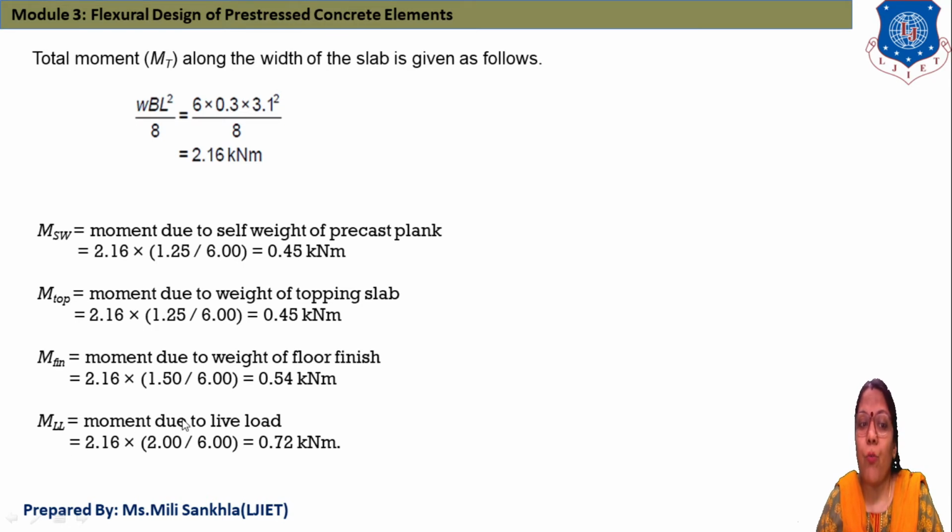Then moment due to live load: 2.16 into 2 divided by 6, that is 0.72 kN meter. These are the moments due to precast plank, topping slab, floor finish, and last one is our live load.